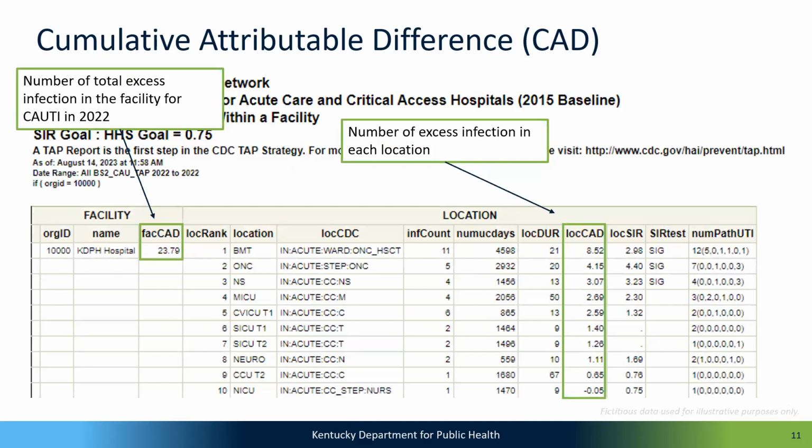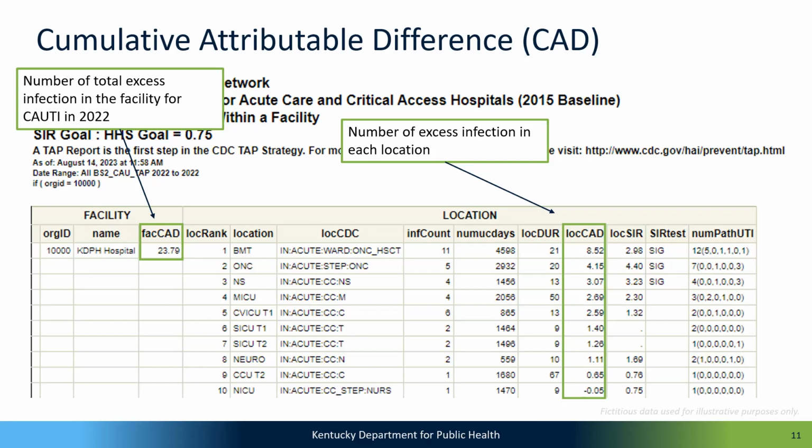Now that we have an understanding of the CAD metric, here is an example of the TAP report for CAUTI. 2 CAD values are produced. We have the facility CAD, which includes the total excess infections for the entire facility during the specified time period.